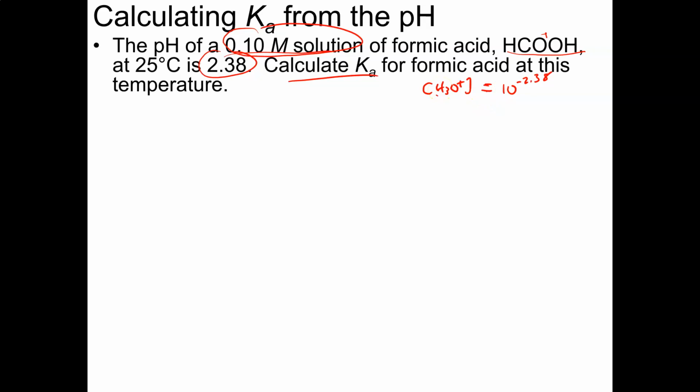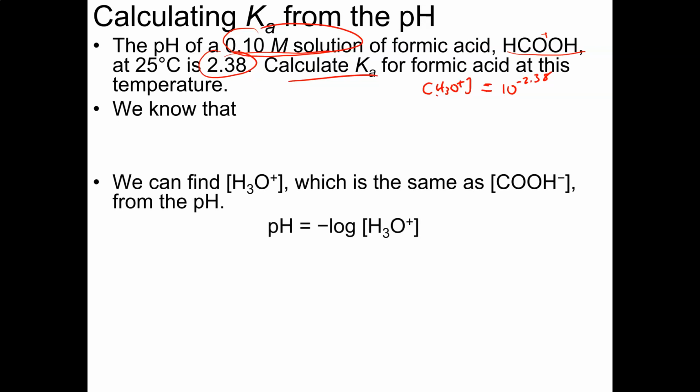And by the way, the pH is based on equilibrium always. So if I have the equilibrium concentration of hydronium, guess what else I have? The other product. So now I have the equilibrium concentration of both products, and basically the equilibrium concentration of the reactant too, because it's going to be 0.1 minus this number. So when they give you pH, they're actually giving you the equilibrium concentration of the products, which is very useful.